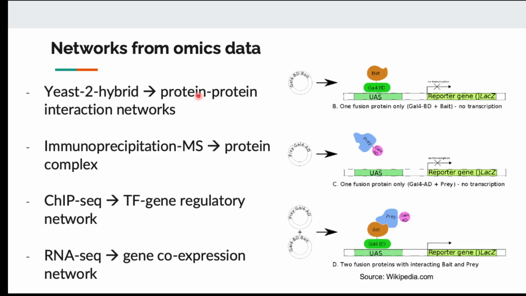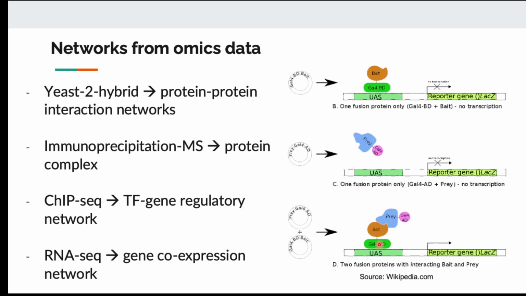So for example, in the past, when we wanted to understand if two proteins bind to each other, people used the yeast two-hybrid system, where you attach one protein to the DNA binding domain, and attach the other protein to the enzymatic domain. The only way that you can activate the reporter gene is when these two proteins, in brown and in blue, can bind to each other.